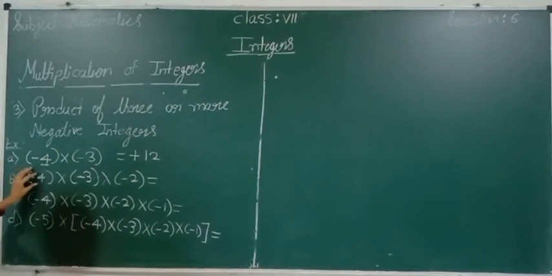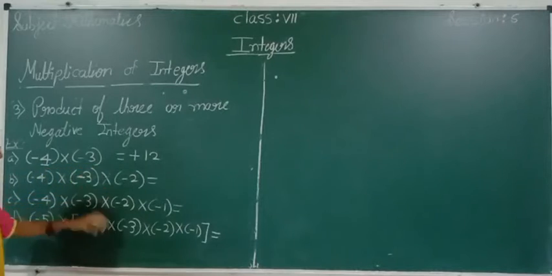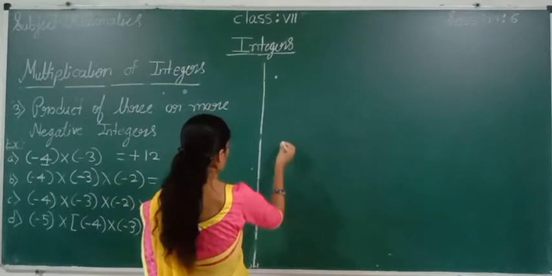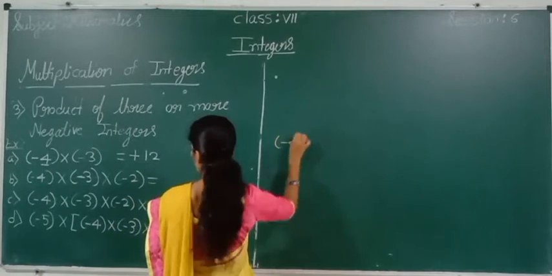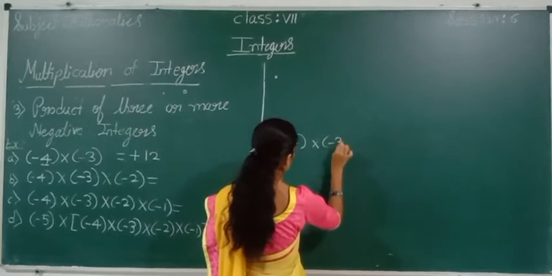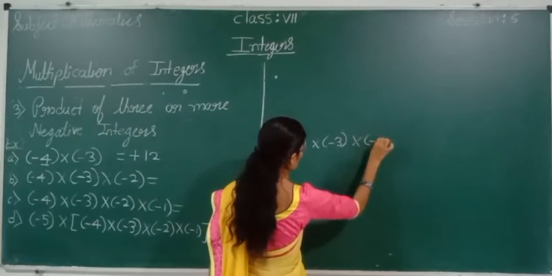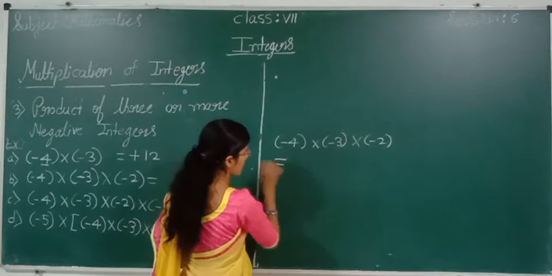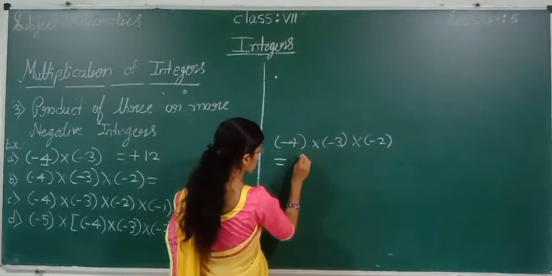Next here, what is minus 4 into minus 3 into minus 2? We will find out the value of this. We will do grouping.